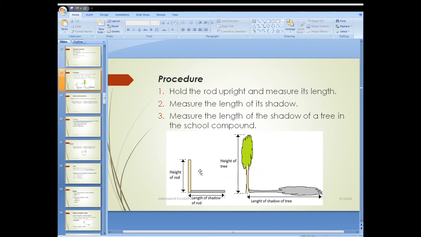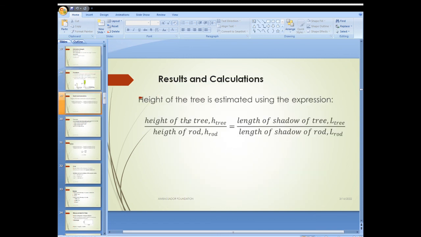Now we have the rod, which of course we know its length and the length of its shadow. So we apply the following formula such that we can get the height of the tree. Height of the tree over the height of the rod should be equal to the length of the shadow of the tree over the length of the shadow of the rod. That is it. And that's the formula we are going to apply.